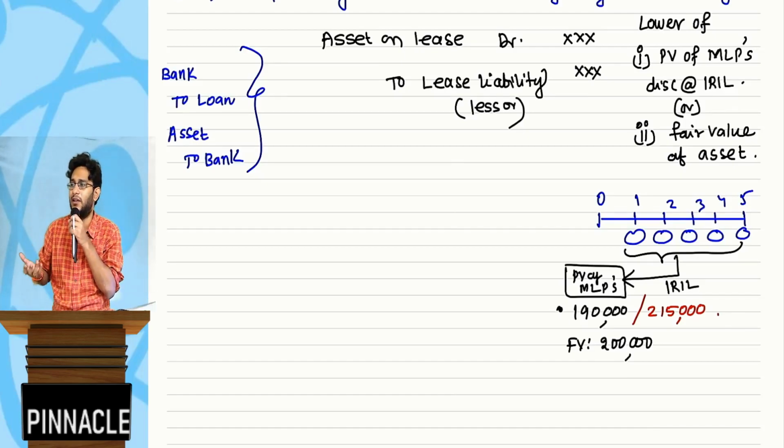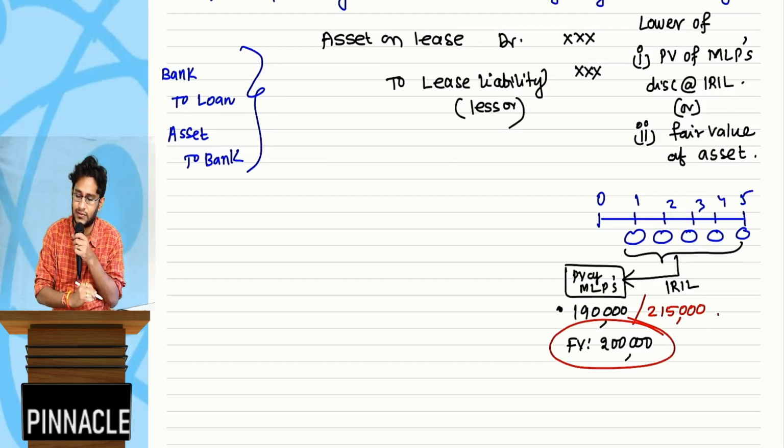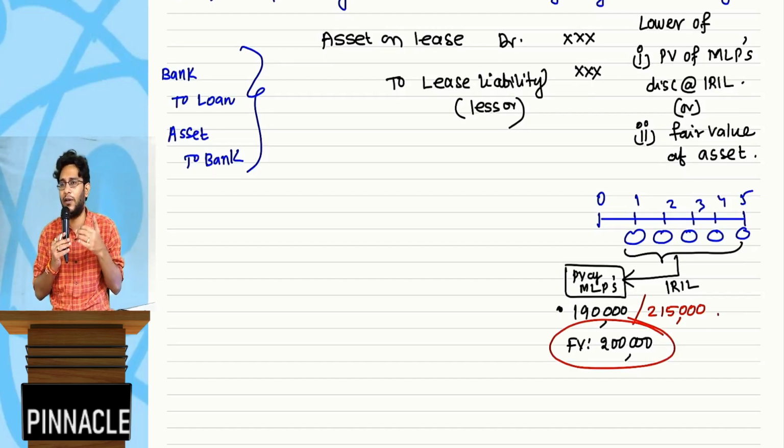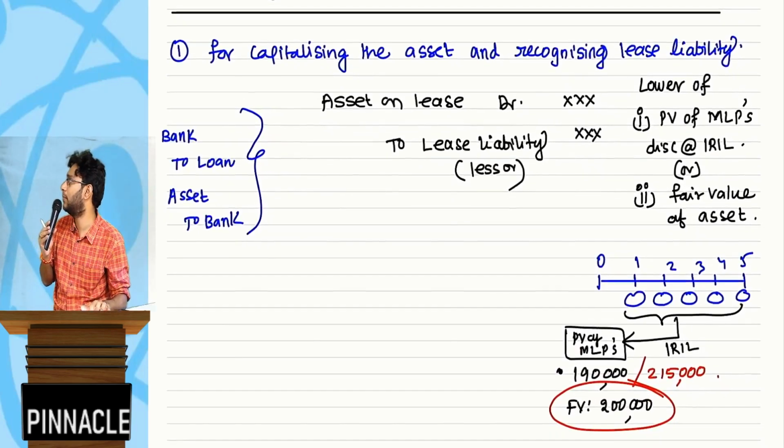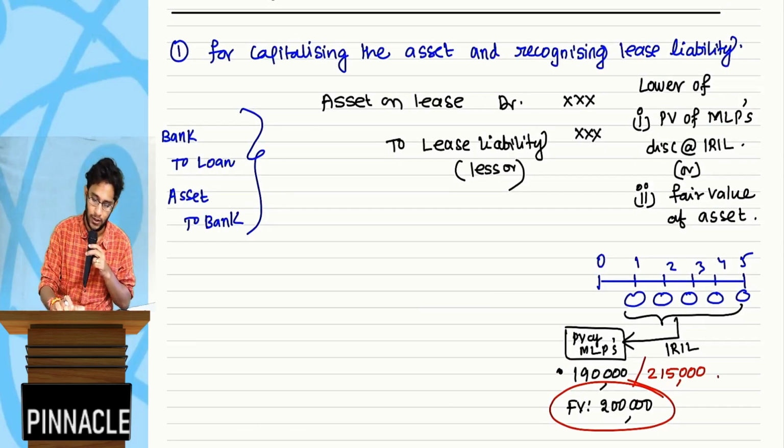Why artificially inflate the value of the asset when its worth is only 2 lakhs? Therefore, the standard says we will restrict ourselves only to 2 lakhs. That's why we say PV of MLPs or fair value, whichever is lower. Primary rule, whatever I pay, that only I want. At the same time, I don't want the asset to be overvalued. So keeping these two things in mind, a formula, meaning a particular rule, is developed, sir. Okay, next.